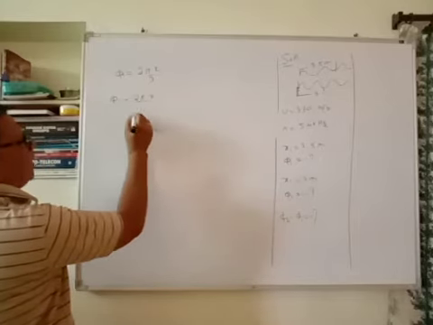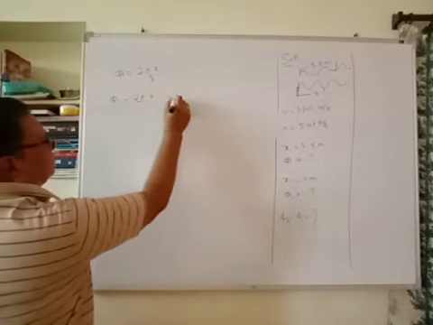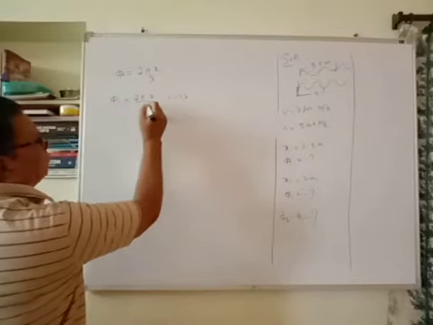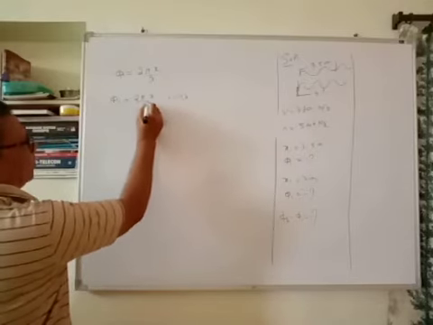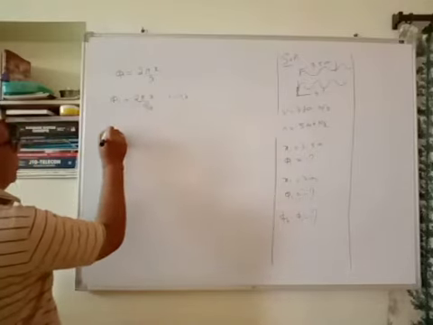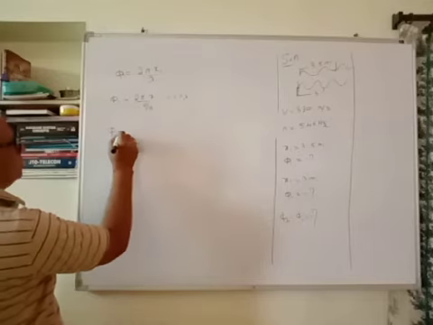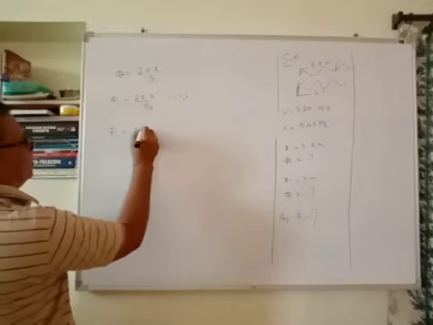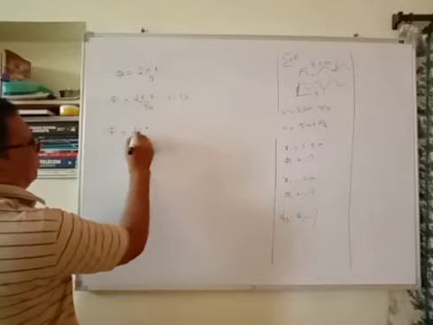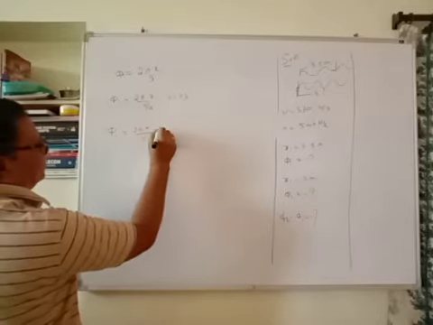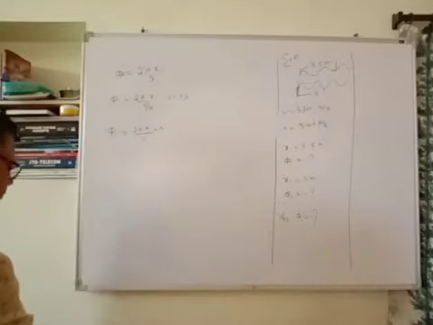But v is equal to n lambda, or lambda is equal to v upon n. So phi1 is equal to 2 pi into x1 divided by v, into n.